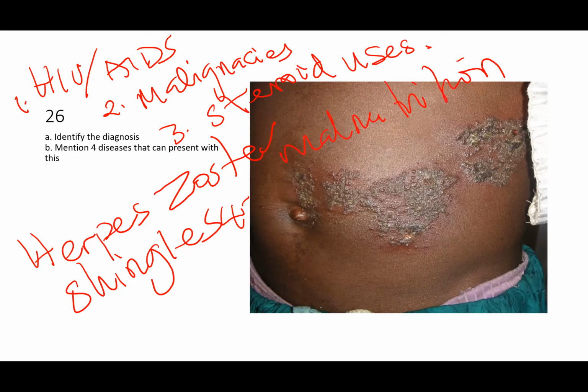So these are common immunosuppressive conditions that can present with herpes zoster. So in your options, when you see any condition that can cause immunosuppression, just pick it.